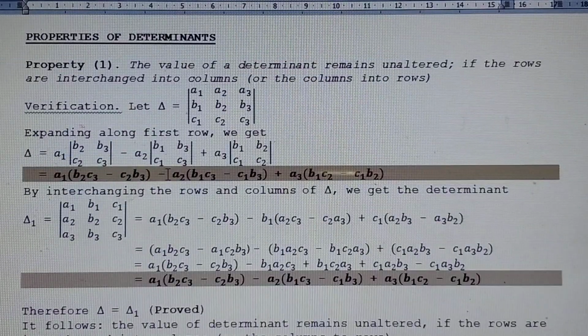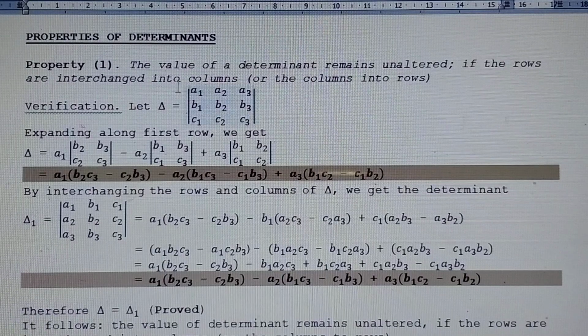Property number 1: the value of a determinant remains unaltered if the rows are interchanged into columns or the columns into rows. So when it is interchanged, its value is the same. This is the proof by interchanging.